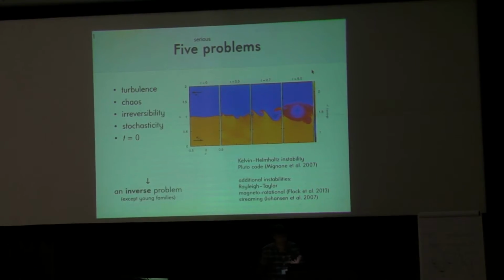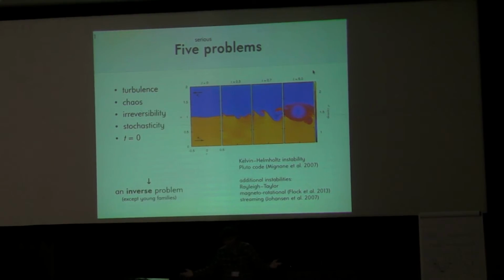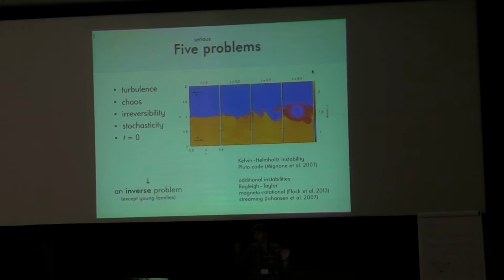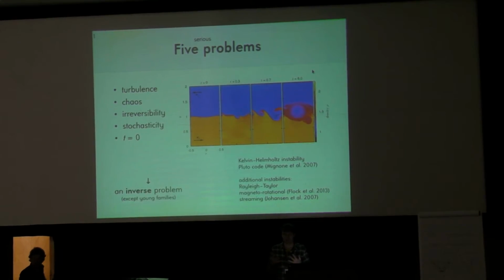Then collisions are typically irreversible processes. You start with a highly ordered system, and during the collision you fragment everything which is completely unordered. So it's irreversible. And finally, sometimes you have to deal with a few number of bodies.